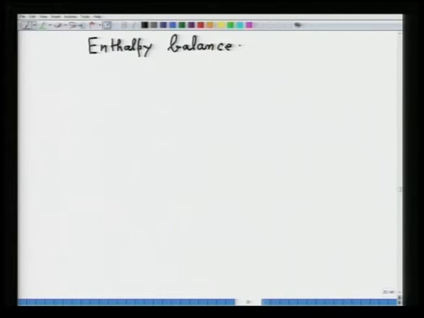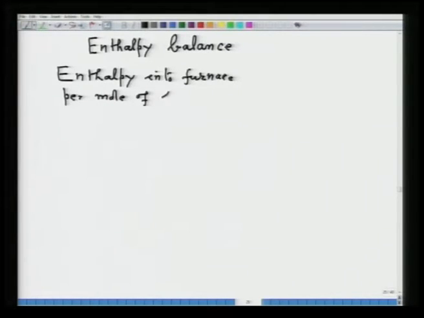can be written in words: enthalpy into furnace per mole of product iron. Remember, I am using per mole of product iron. It is not pig iron, it is product iron.